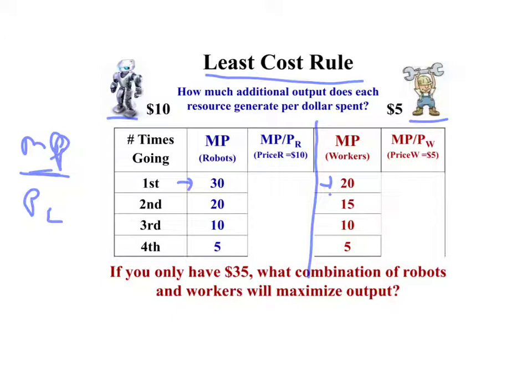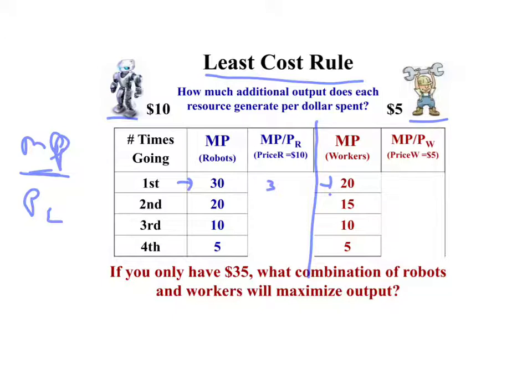So even though the robot is more productive in this example, the very first robot produces 30 jeans, but actually costs the firm $10. So your marginal product is 3 for every dollar that you spend, right?